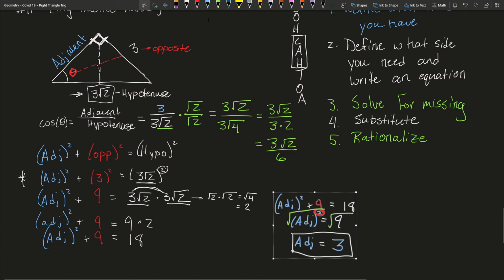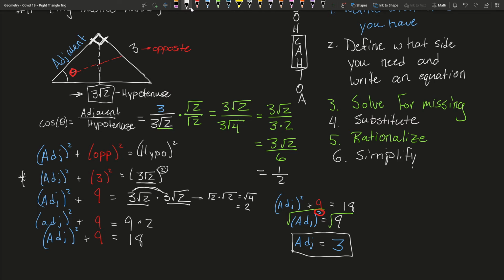And then now this is rational, and then we can just simplify. So then we just simplify the whole numbers, right? So 3 over 6 simplifies to 1 over 2, and then the rad 2 stays up there.